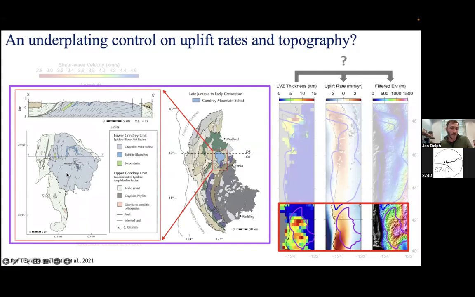You can see the foliations associated with this are dominantly spreading out from the central portion of this tectonic window, making this predicted pattern consistent with that thermomechanical modeling.